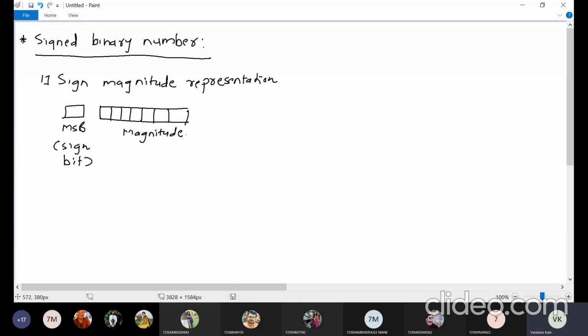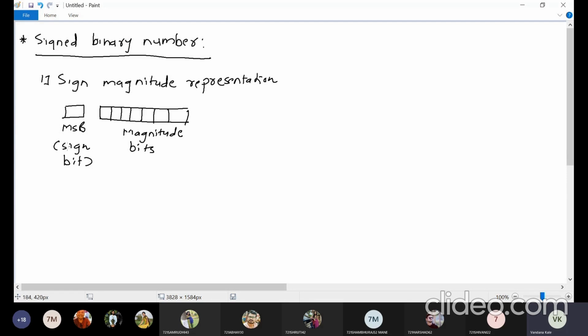So the remaining bits are magnitude bits. With the help of the sign bit, the MSB bit, we can check whether the binary number is a positive number or a negative number.